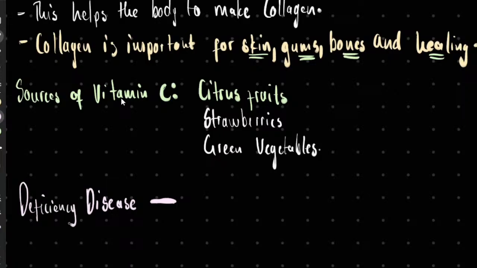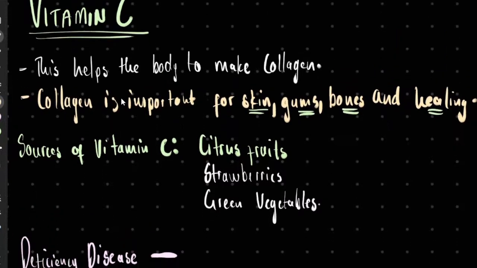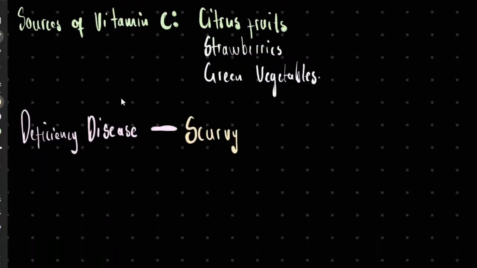When we say this is a deficiency disease, we're saying it's a disease that comes from lacking that thing. So the deficiency disease that is going to be caused by a lack of vitamin C is going to be called scurvy. And your syllabus wants you to know about it. You only have to know two deficiency diseases. So make sure you know about vitamin C, because it's going to be one of them.